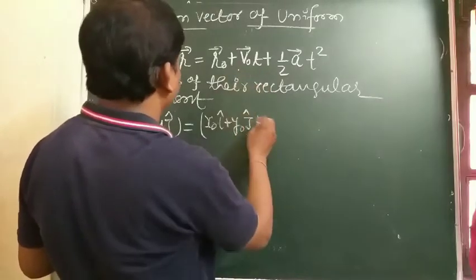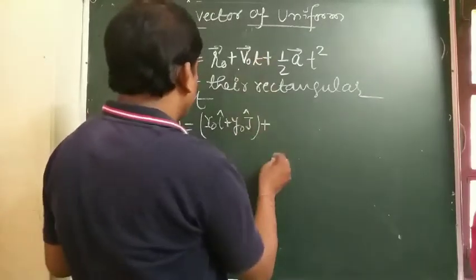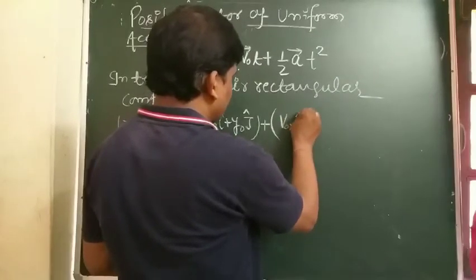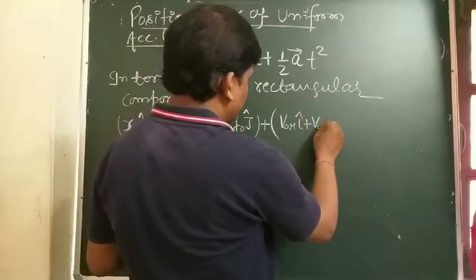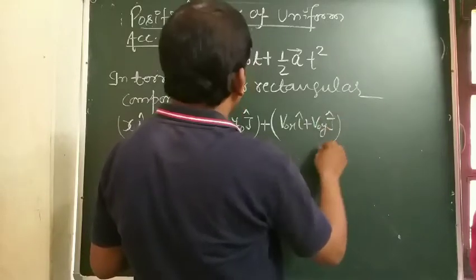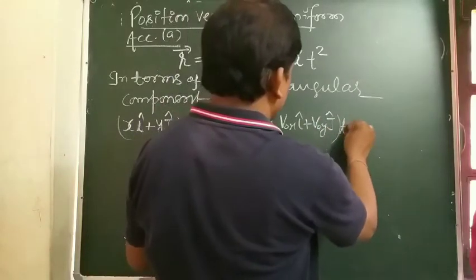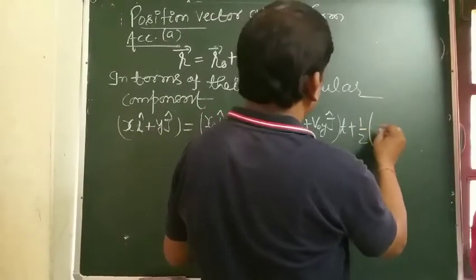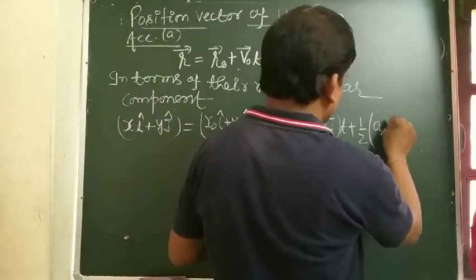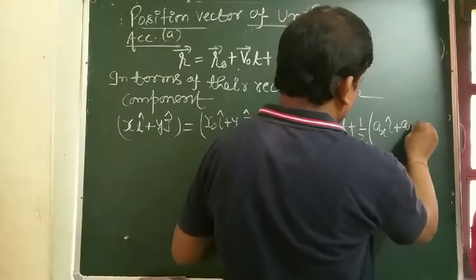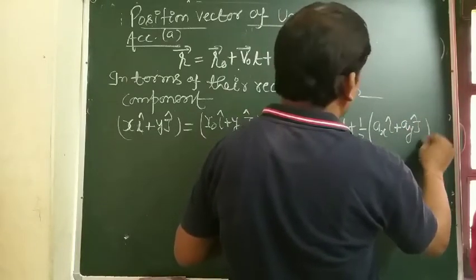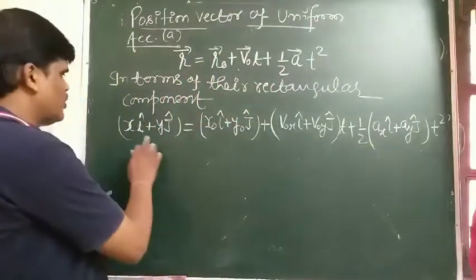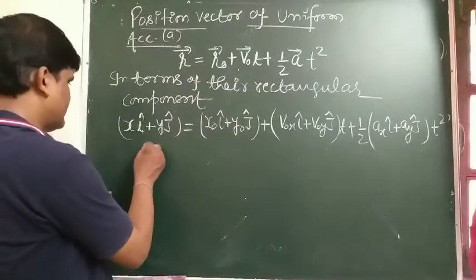The velocity vector can be written as v0x i cap plus v0y j cap, t as it is, and the acceleration can be written as ax i cap plus ay j cap, and here t square.